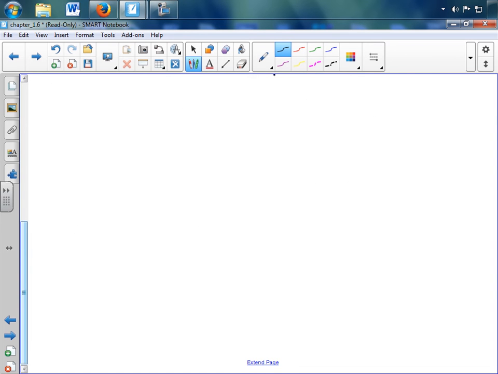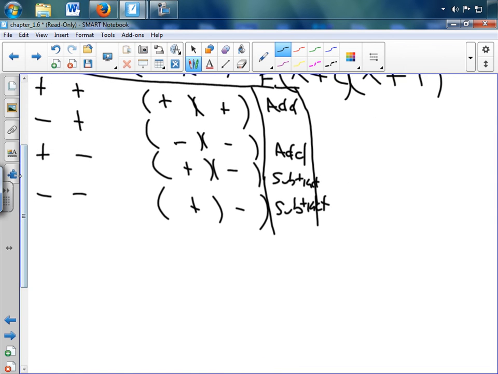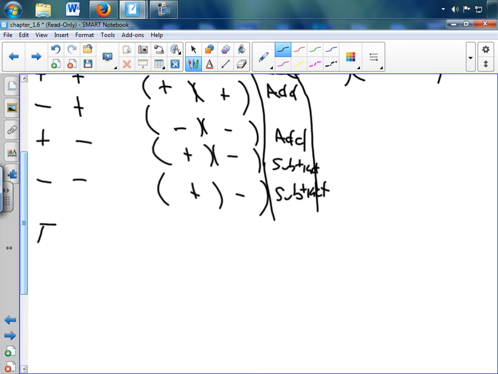So I'm going to give you one to factor, and the directions will always say factor. And I'm going to give you x squared minus x minus 12. Okay, first thing when you look for factor, make sure there's not a number out in front of the x. There's nothing here.